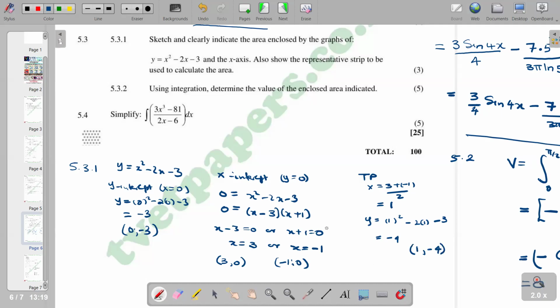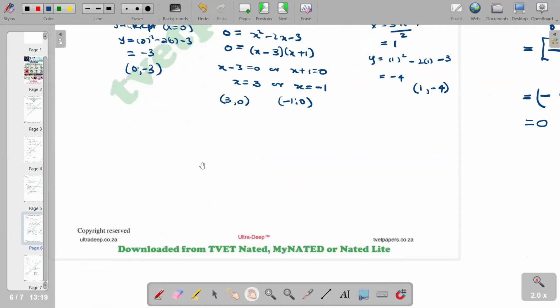So using this information, we can now sketch our graph. The sketch of our graph can be given like this. This is the x-intercept, this is the y-intercept. Then our sketch will be something like this.